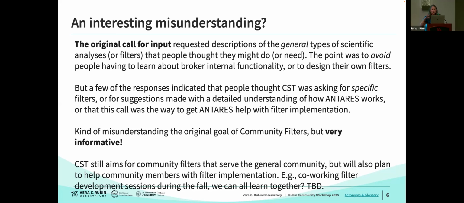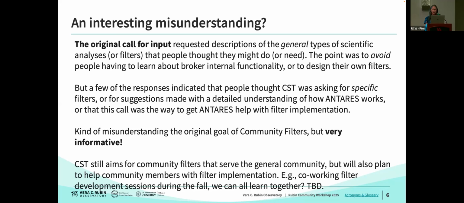So we're still going to work towards building community filters that serve people who don't know how alert brokers work and just know what kind of science they want to do. But on the way, we're thinking of expanding this roadmap, and we really want to incorporate the people who did provide responses to this form.